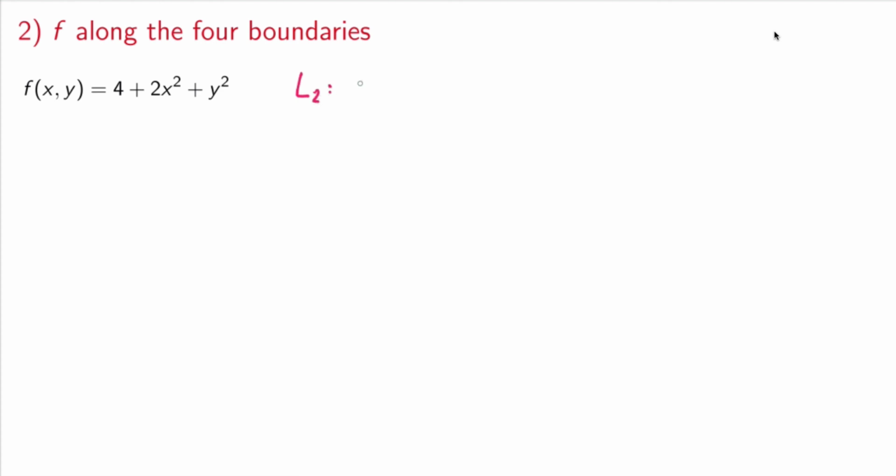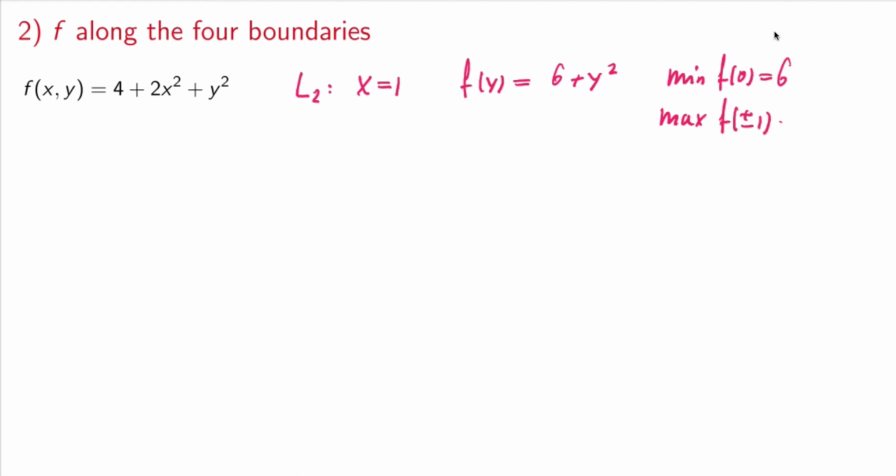Let's do the other boundaries. On L2, I have x equal to 1, and then the function remains a function of y. When I sub in x equal to 1, I get 6 plus y squared. Again, a parabola which is smallest for y equal to 0. So then we have a minimum value at 0, which is 6, and we have a maximum value at plus or minus 1, which then is 7.